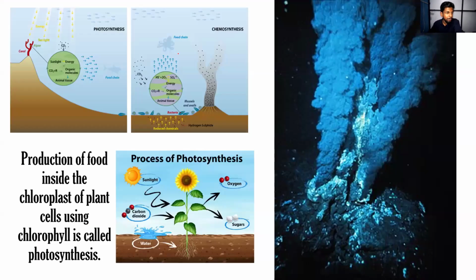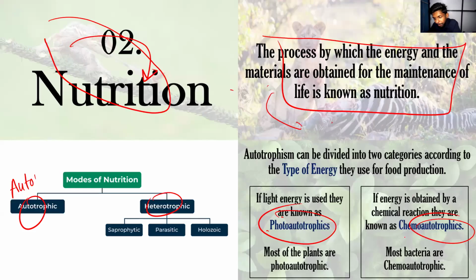Phototrophic means, look at the picture here, the sunlight. The plants are getting the sunlight. If they are using the sunlight, they are called photoautotrophic. And if they are using the chemical energy, here you can see, they are called chemoautotrophic.